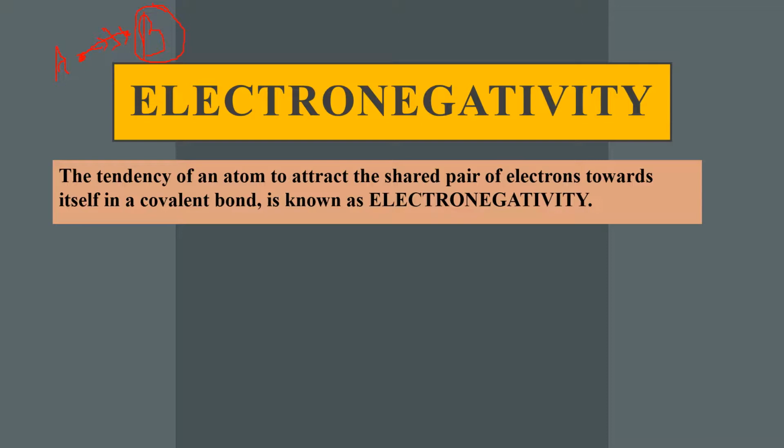So this is the tendency when any atom gains an electron or attracts a shared pair of electrons from another atom. That tendency is known as electronegativity. This can also be seen by an example.